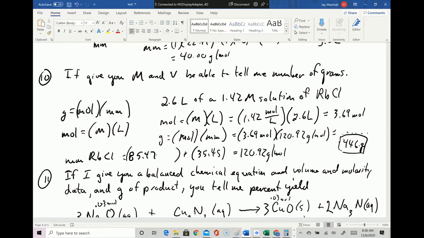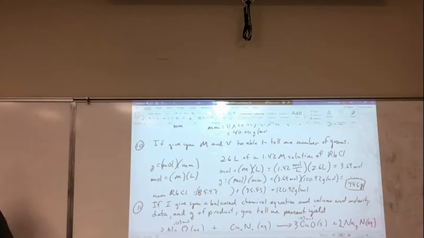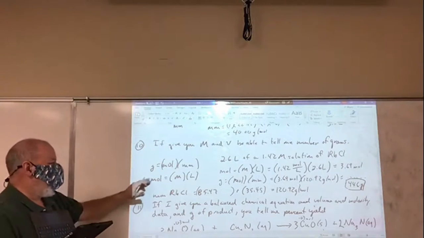Moles: in this case, I can use the molarity formula instead of the grams formula. Moles equals molarity times liters, because that's what I gave you, right? Molarity and liters. You should develop a sense about this: if you see that I've given you molarity and liters, you automatically know you're going to have to find the number of moles at some point.